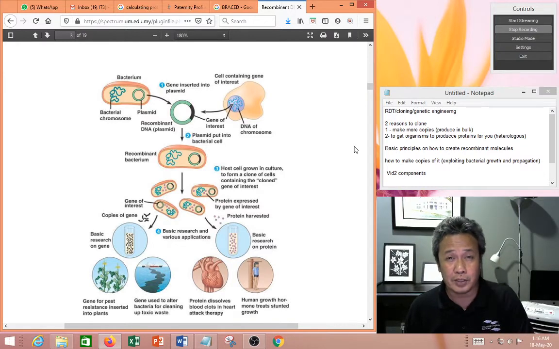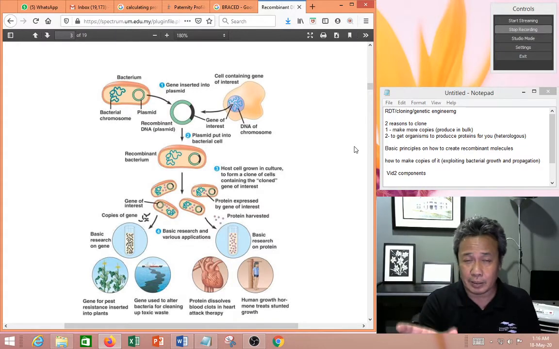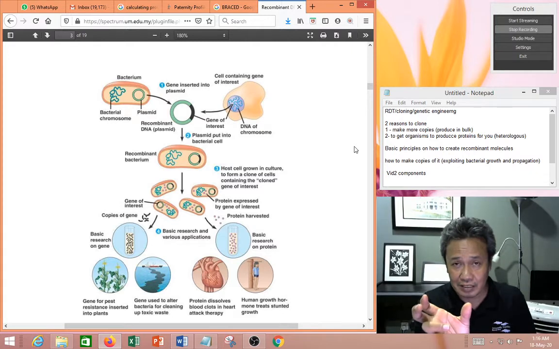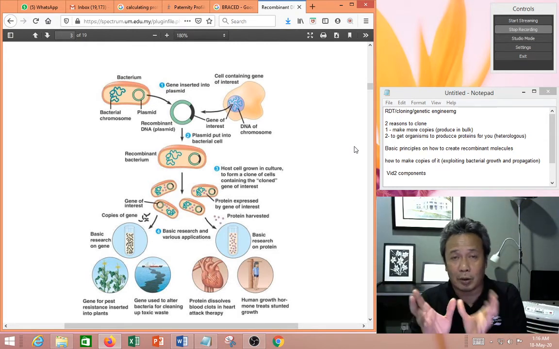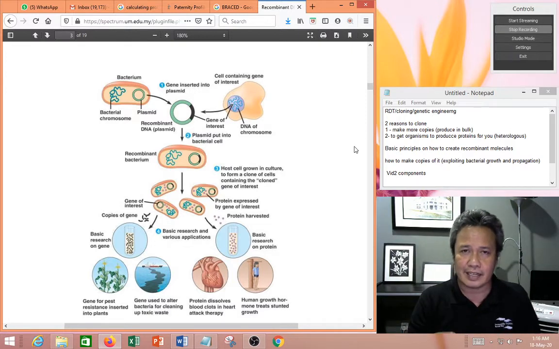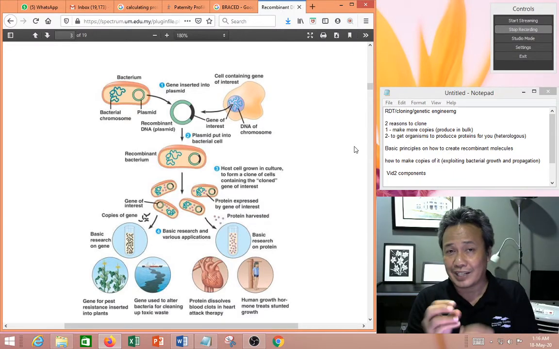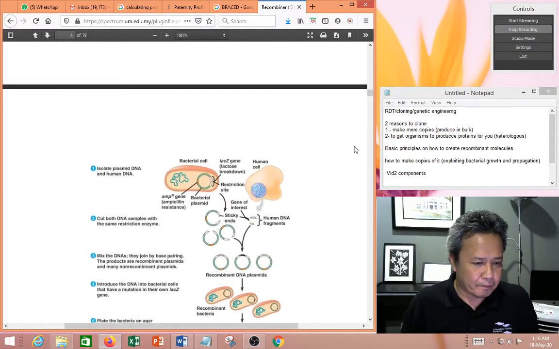If you want to make proteins, you make sure that the fragment you put in is a complete gene, from start to end, so that transcription can occur. You need to put a promoter in. You have to put the whole complete set of what defines a gene to be expressed inside E. coli or whatever host. Once you are able to do that, you'll be able to extract the protein of interest.